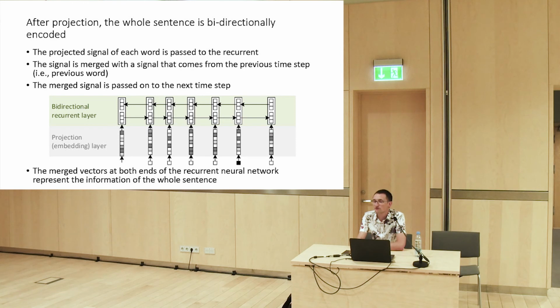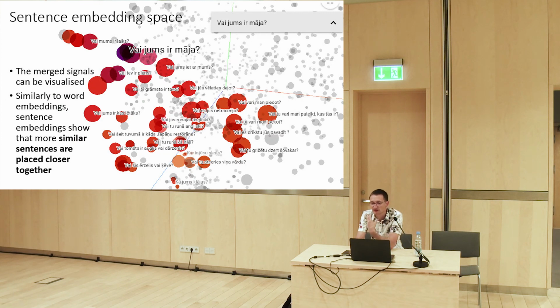Similarly as with words, we can acquire for every sentence that we have in a data set these vectors, and we can then plot them in a three-dimensional space, and we can see what happens. What happens is that similar sentences are placed closer together.